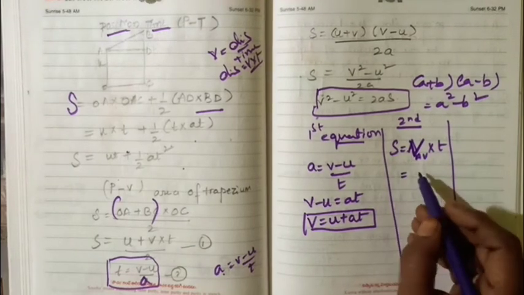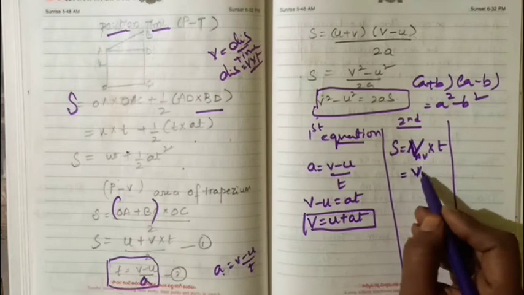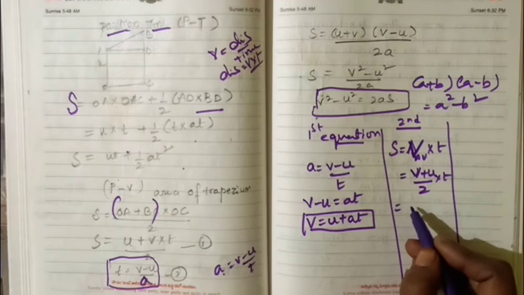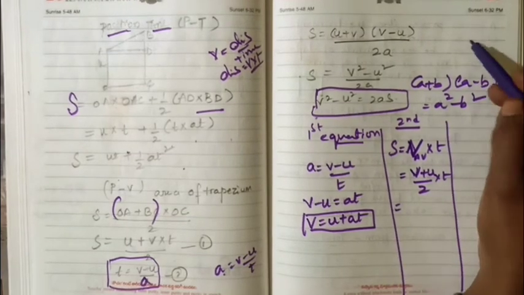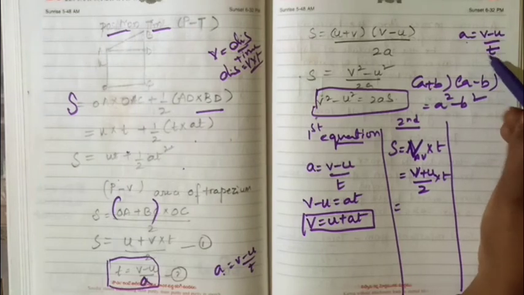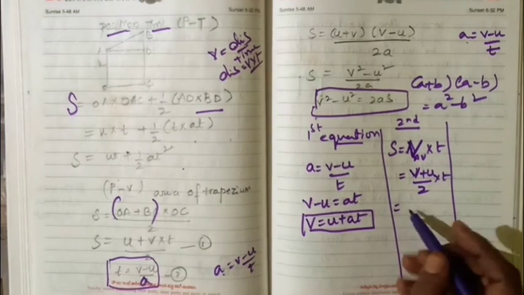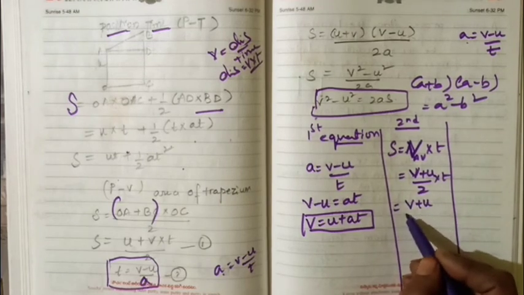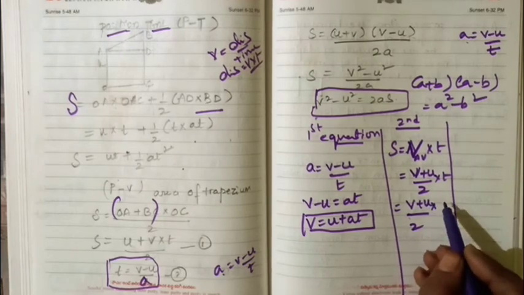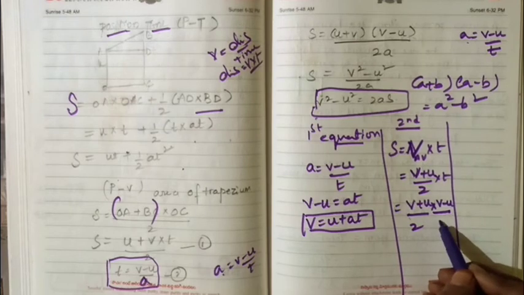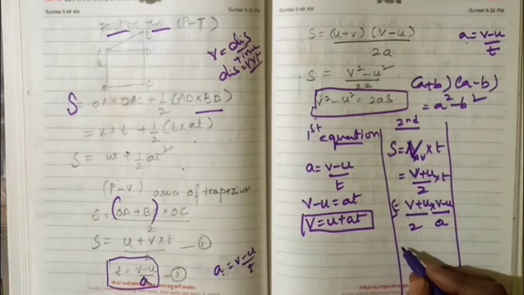So the average velocity is nothing but V plus U by 2, into T. As we know from the equation, A is equal to V minus U by T. If T is exchanged, we get V plus U by 2 into T is nothing but V minus U by A. So V square minus U square again.